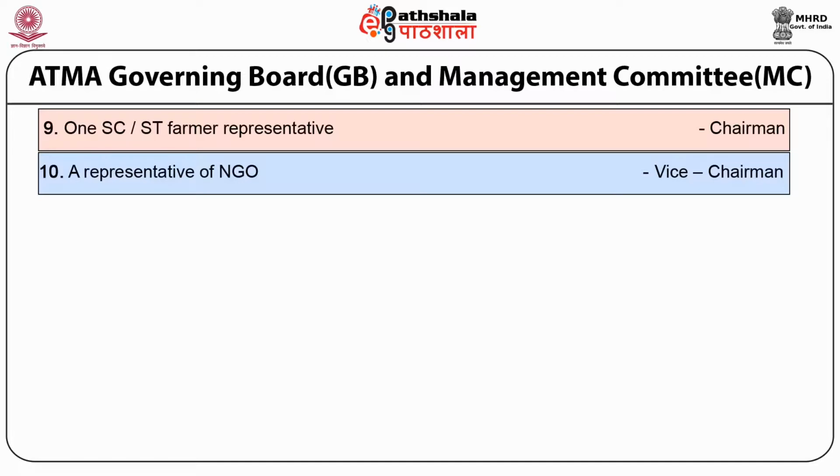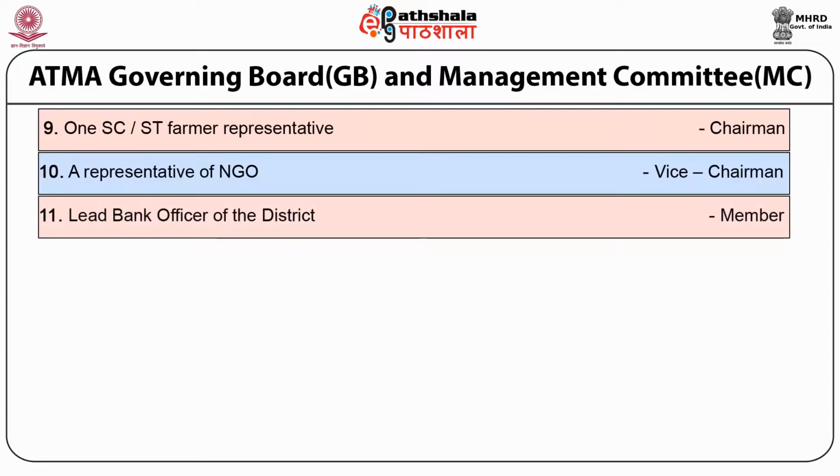Then, coming to the next member, that is the lead bank officer of the district. Every district has a particular bank as its lead bank. The bank or institution nominated as the lead bank for the district provides all types of financial facilities and benefits to that district.